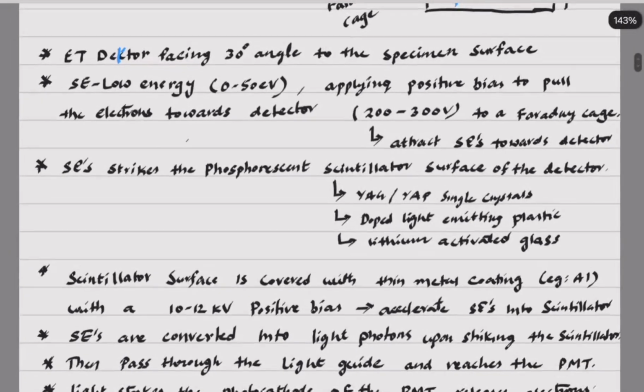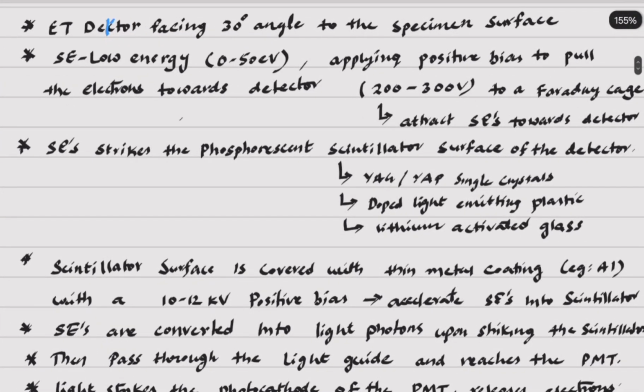The Faraday cage has a few advantages, because later we apply about 10 to 12 kilovolts at the scintillator surface. This Faraday cage protects the electron beam from damage, and also helps in attracting the secondary electrons towards the scintillator.